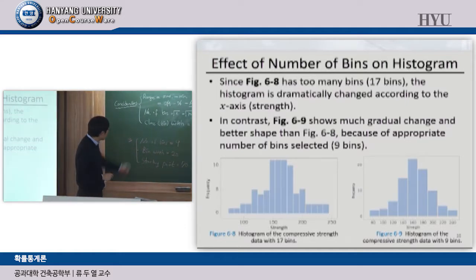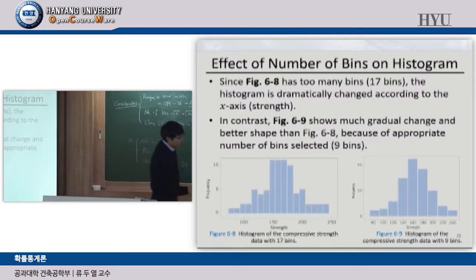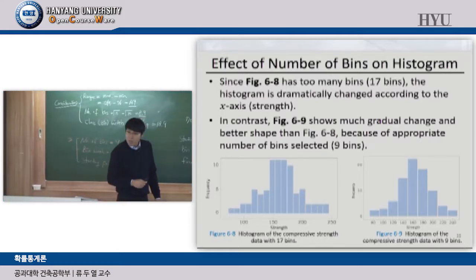So from this comparison, we can draw a conclusion that from this process, we can first determine the appropriate number of bins, and also the appropriate bin width. By using this process, we can always have a better histogram as compared to the other ones. For this case, it is dependent on the person who solved this example.